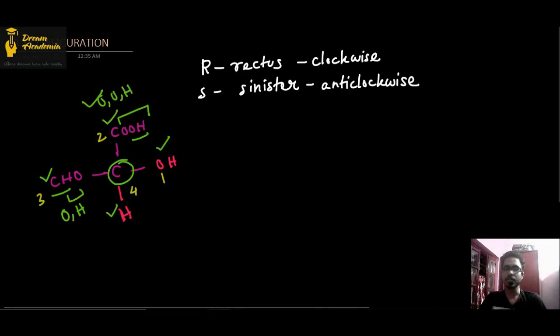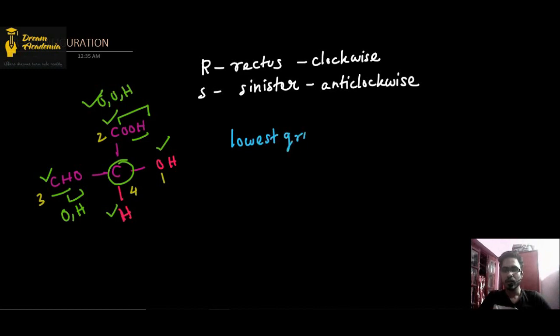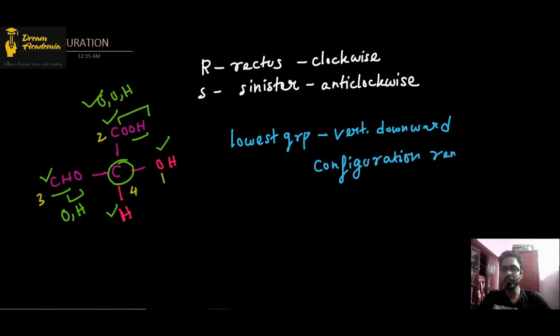Very important concept. Since the lowest priority group is in a vertically downward position, the configuration remains unaltered. I am teaching you the easiest concept, okay? It remains the same.